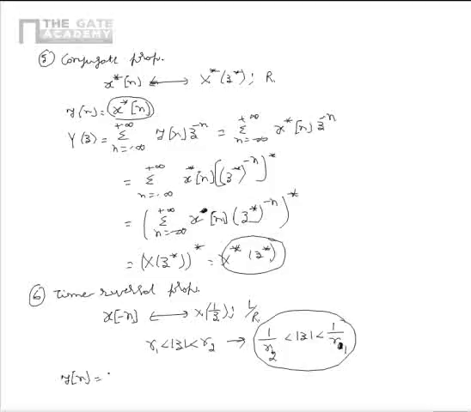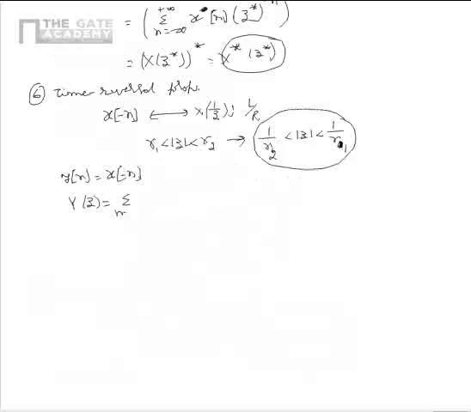For proving the same, let y of n is equal to x of minus n, then y of z is equal to sigma n equal to minus infinity to plus infinity x of minus n z power minus n. Upon substituting m is equal to minus n, we get sigma m equal to minus infinity to plus infinity x of m z power m.